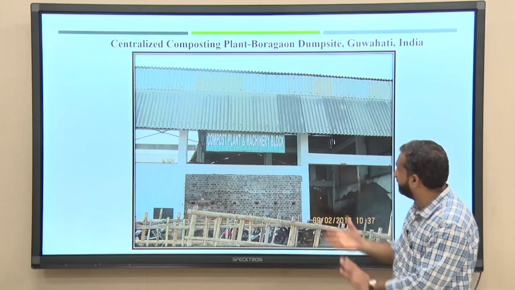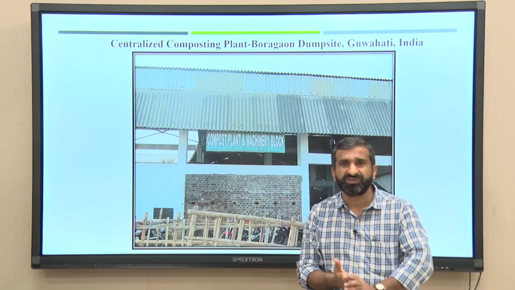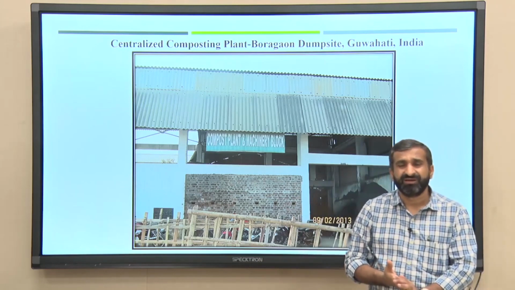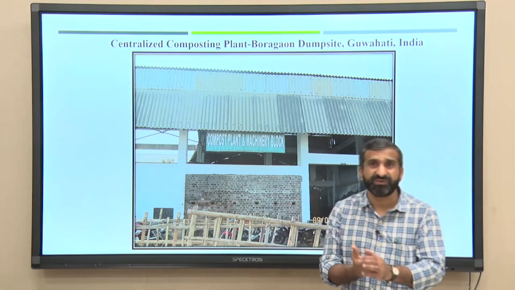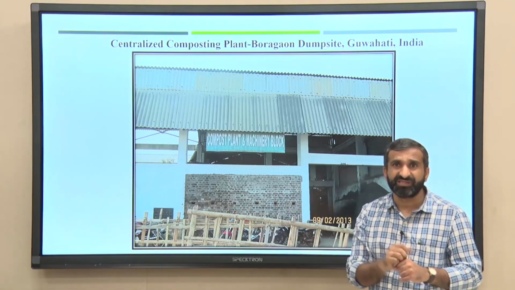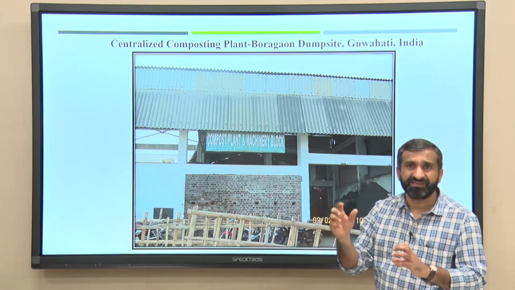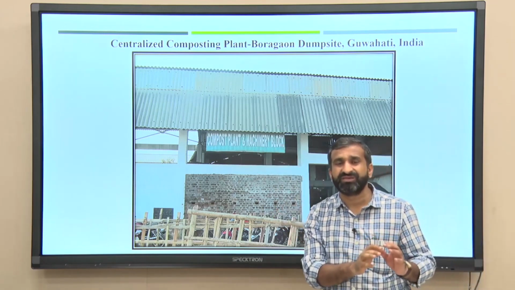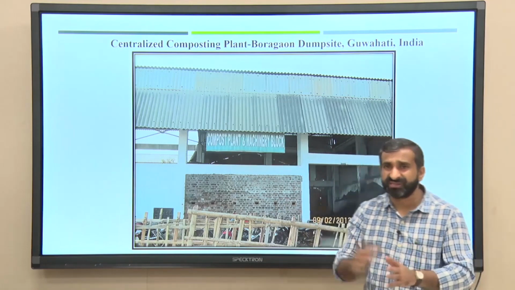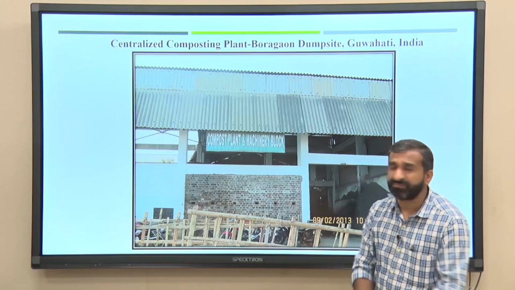This compost plant came up in 2007-2008 under the JNNURM scheme, because PPP projects came up under JNNURM. One private Hyderabad-based company, Ramky, along with the Guwahati Municipal Corporation, came up with this 50 tons per day capacity plant.